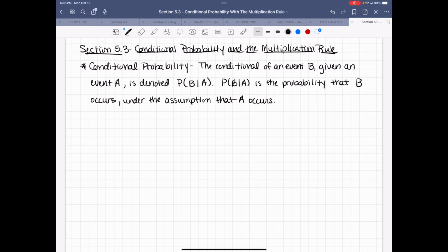Okay? We read P parentheses B bar A as the probability of B given A.